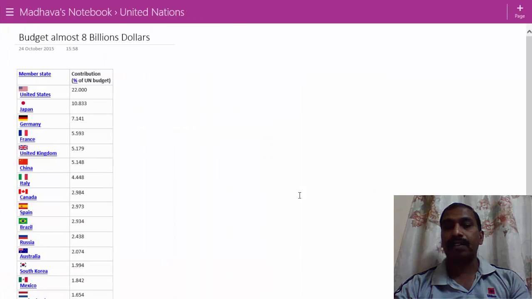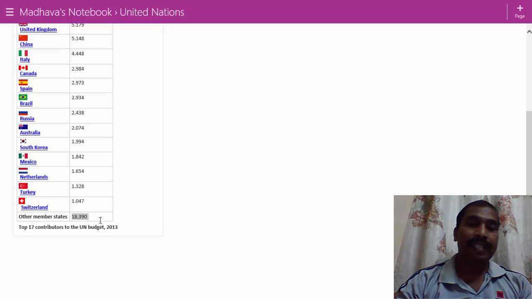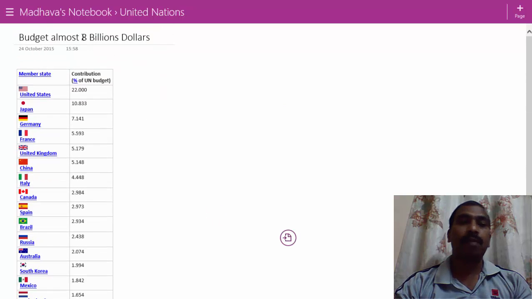Different countries give different amounts. Other than the 17 members, the remaining countries contribute the remaining 18.3%. The budget is roughly $8 billion per annum.